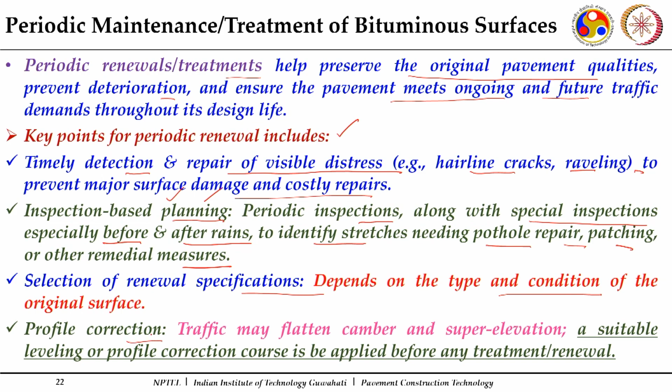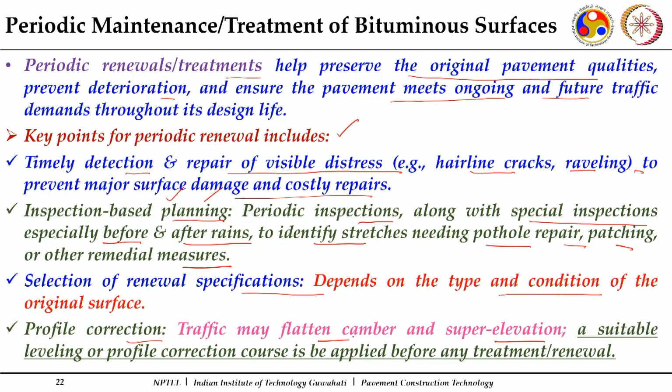Profile correction is another aspect. Many a time, in due course of time, the profile may get disturbed, mainly in terms of super elevation and camber. Since these renewal coats are thin in thickness, they should not be considered for profile correction. So, it is very important that before these treatments are made, a profile corrective course is applied over the surface which matches the existing surface.